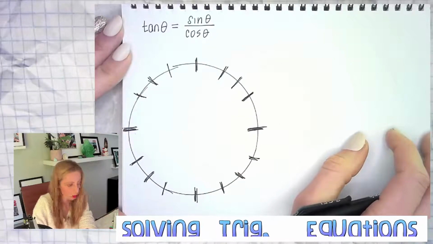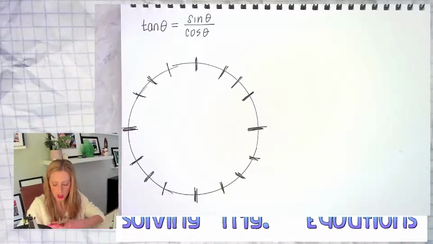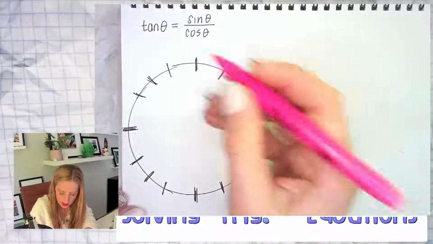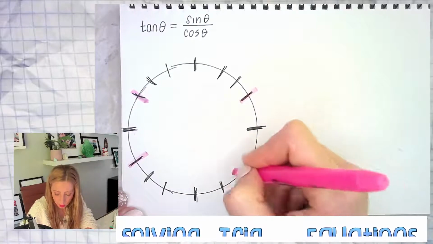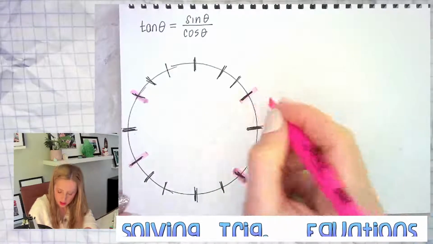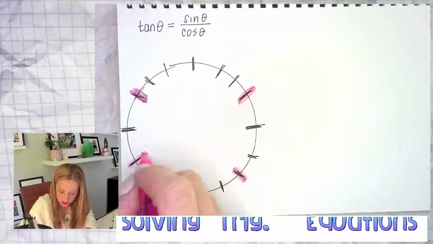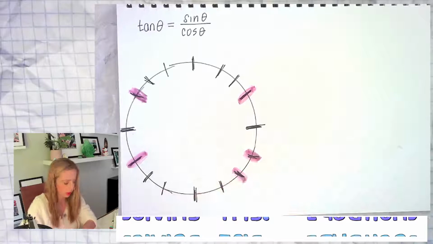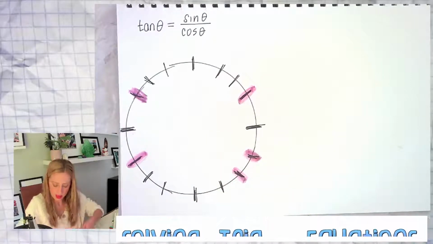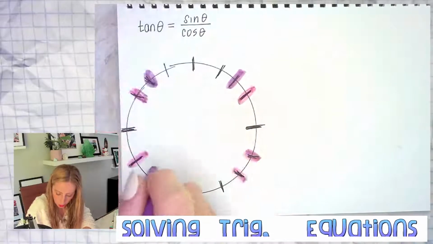All right, now from here, I'm just going to throw a little color on it. Everything I color in pink in radians is going to be pi over 6, or have 6 as its denominator. I'll try to make that a little bolder because the brightness is up so high, it's hard to see. That one went in the wrong place, huh? I'll do a darker color over it. The ones in the middle here, I'll do purple. Those are all my pi over 4s.